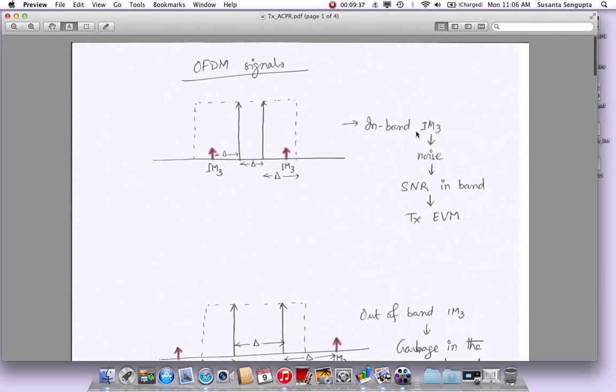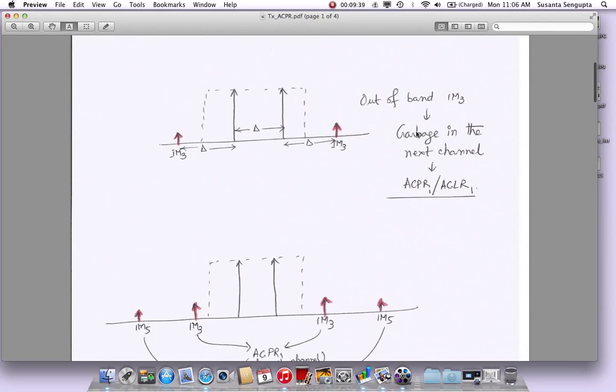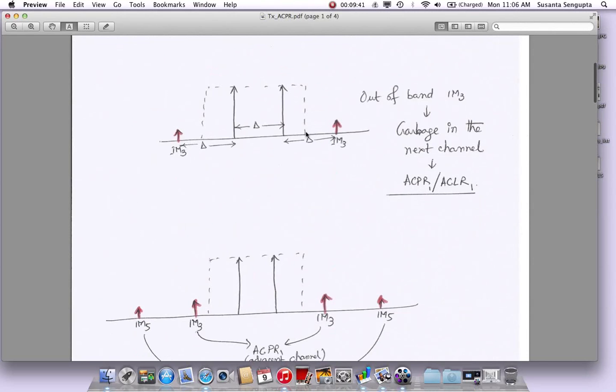This does not cause ACPR. What causes ACPR is this, and the definition is: if this is your channel, next to it you have another channel, which we call the adjacent channel. If you have won the spectrum and you are using it to transmit, like a mobile operator, you should not be dumping a lot of noise in the next channel, because you have not paid for that channel.